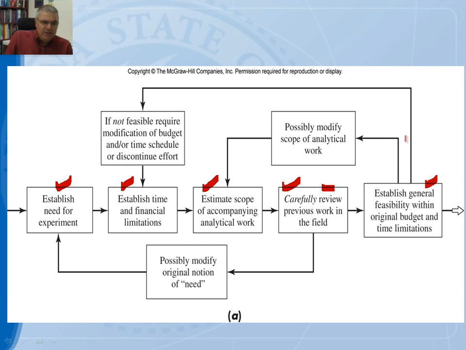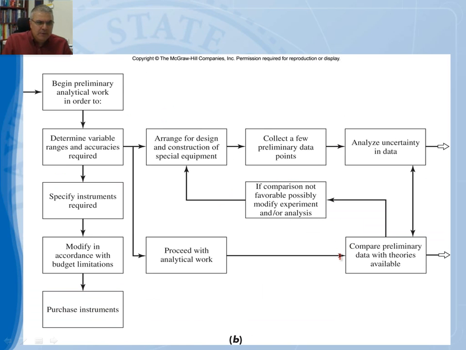If it's not feasible, we need to go back to the modification of the budget, that's the financial limitation, and time. As you can see, this loop would be continuous throughout this particular diagram.